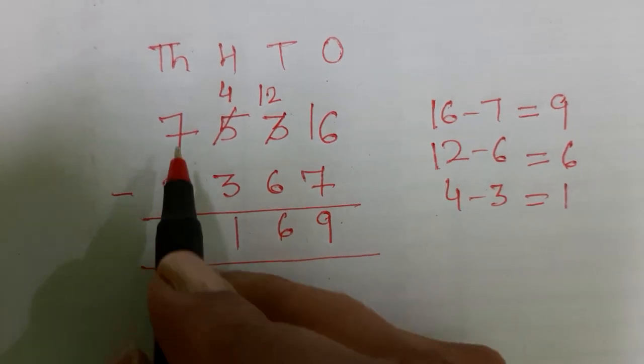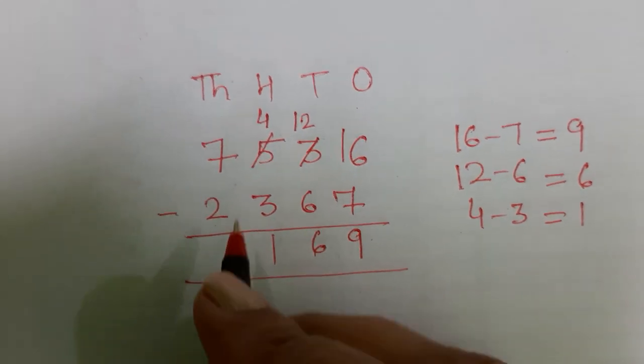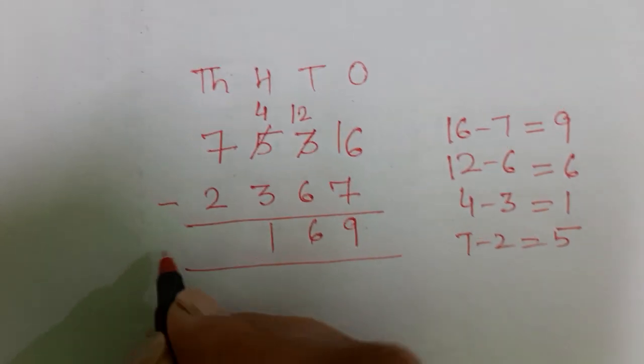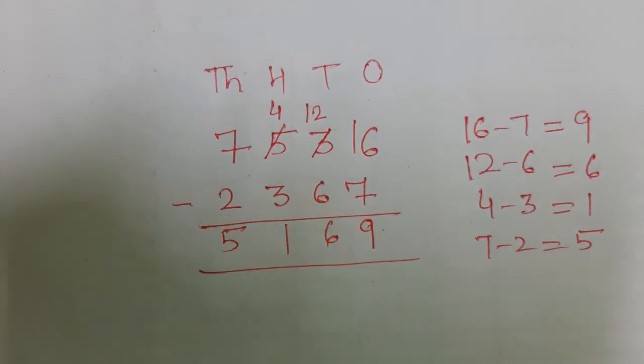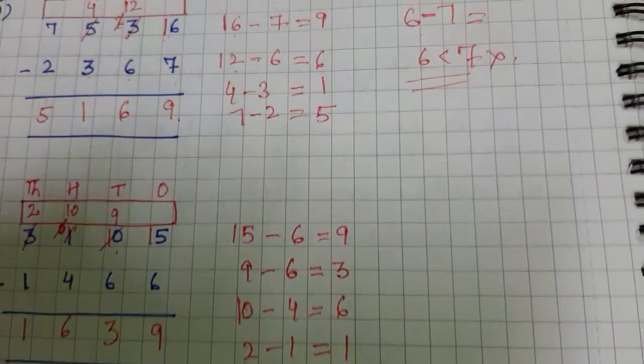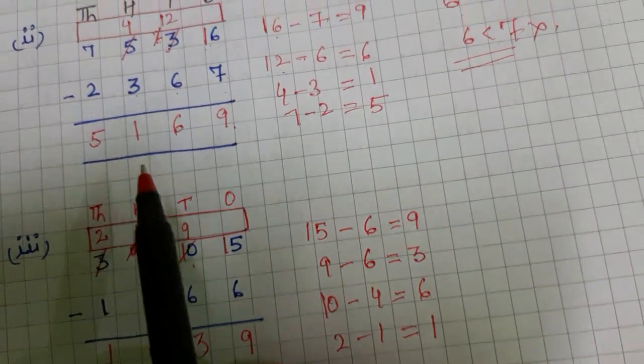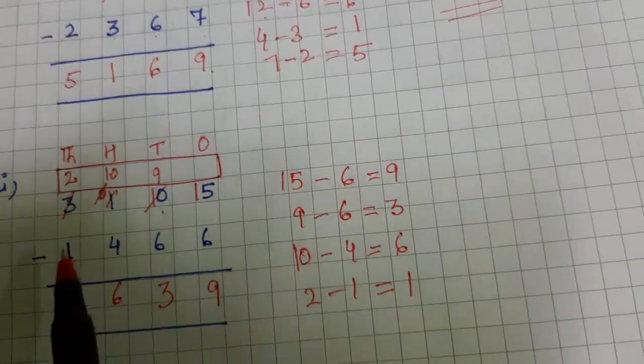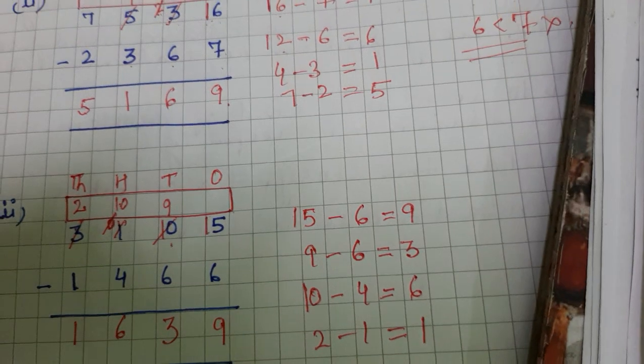So write 1. 7 minus 2 is 5. So write 5 over here. So the answer will be 5169.